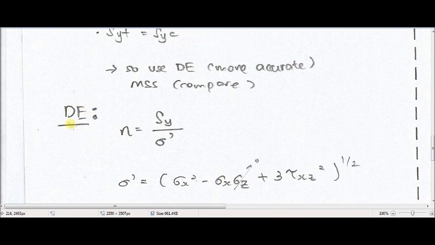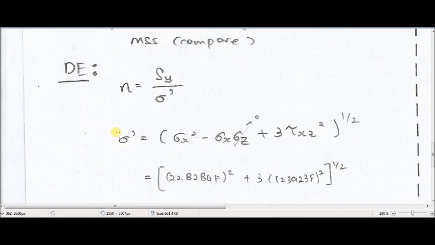Firstly I will use distortion energy theory. To use the distortion energy theory, firstly I need to find the effective stress or von Mises stress. To avoid finding the principal stresses directly first, I can use this equation. The only actual stress that we had was sigma x.